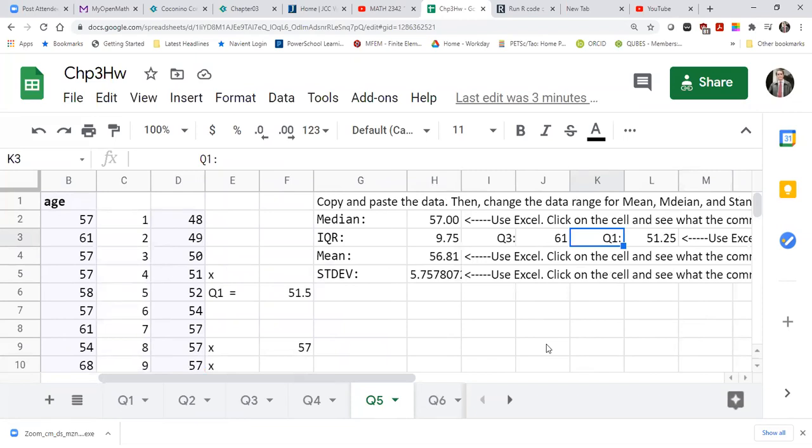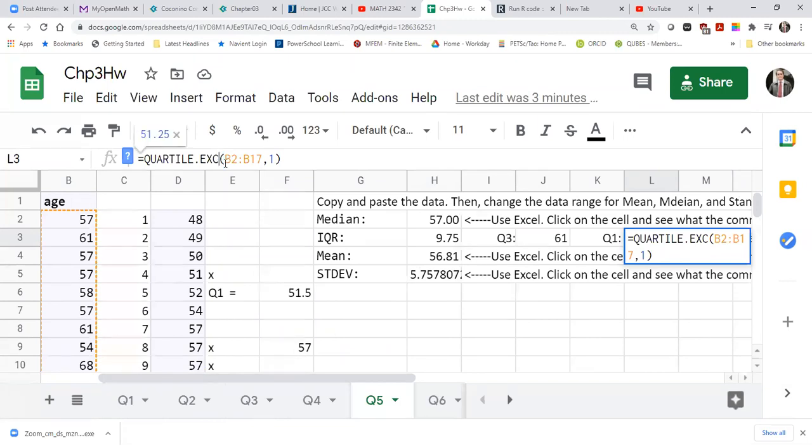So the first quartile will be this guy here. Okay, I got a different number. I don't know if I have to use this one here.